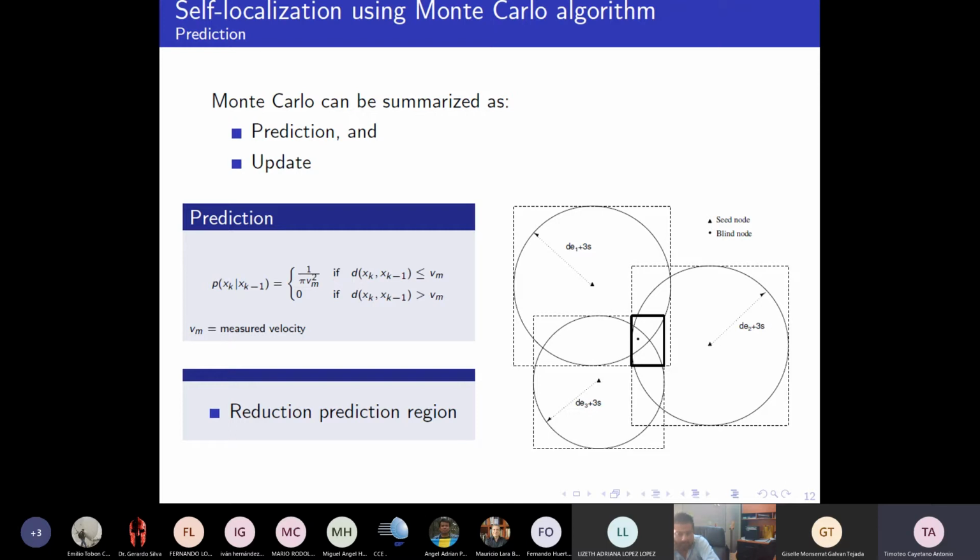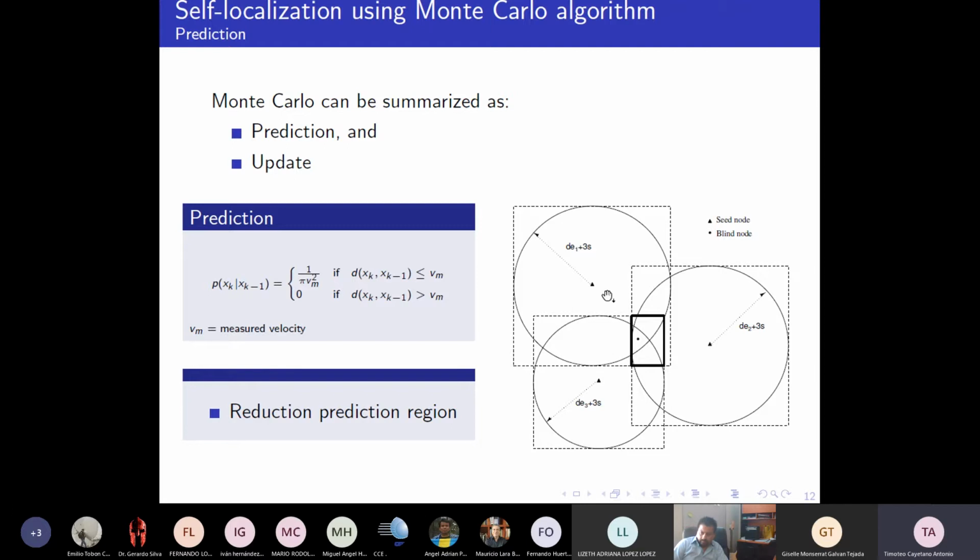The figure shows an example of a sensor node, represented by the point, and a group of seed nodes, represented by upward triangles. When this sensor node receives the three coordinates from these seed or anchor nodes, it can form a prediction region.